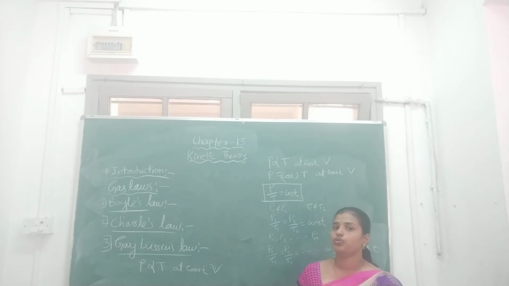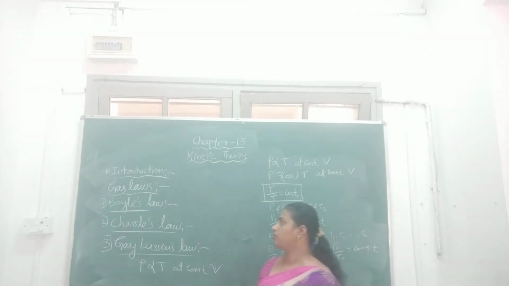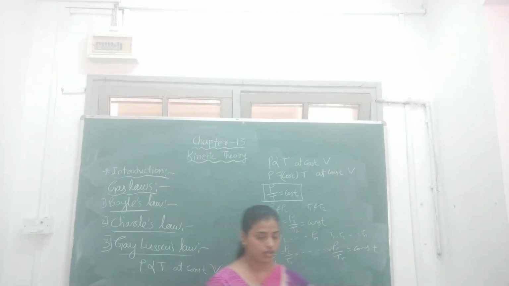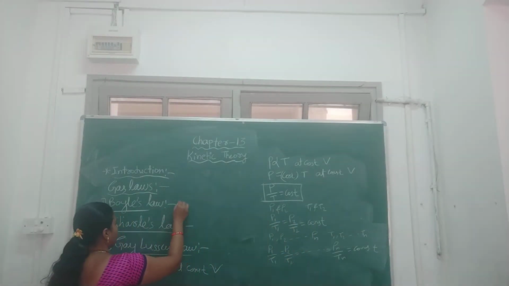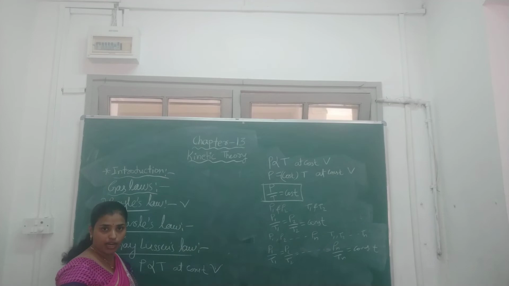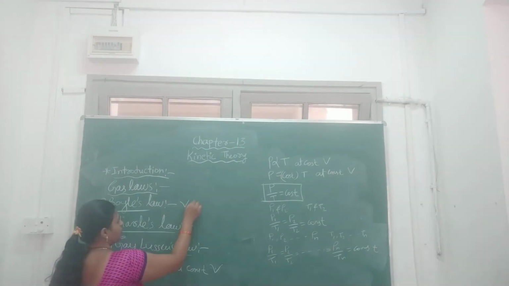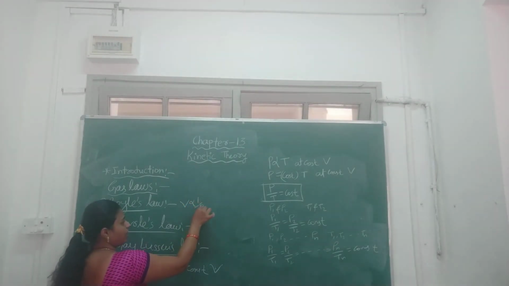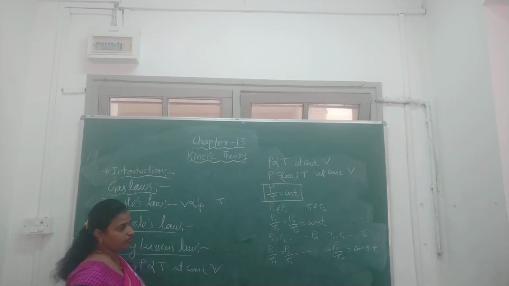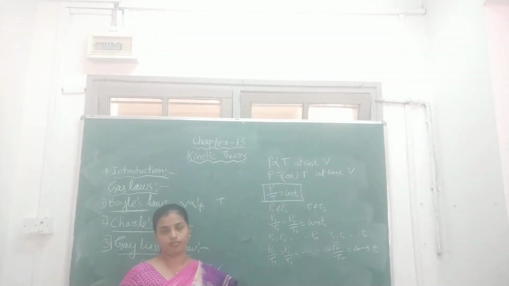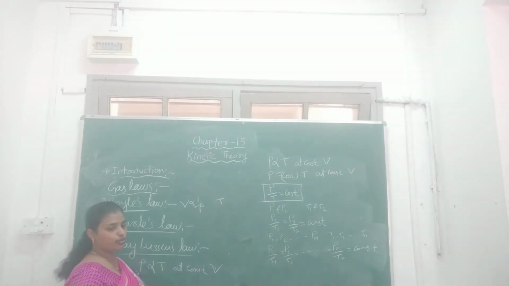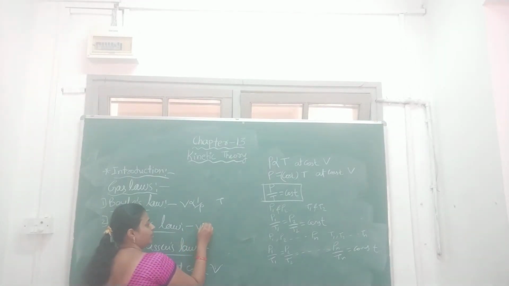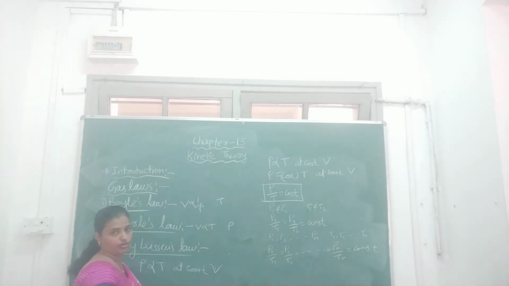Here I repeat the gas laws. What is Boyle's law? The volume of a given mass of gas is inversely proportional to pressure at constant temperature. Charles law is that the volume is directly proportional to temperature at constant pressure.